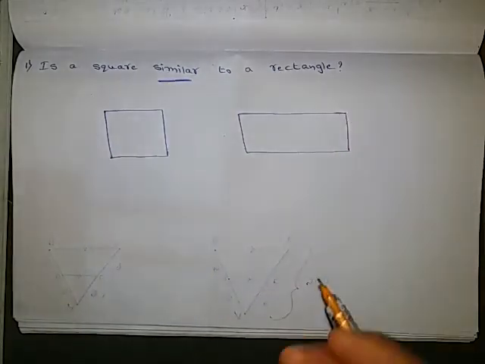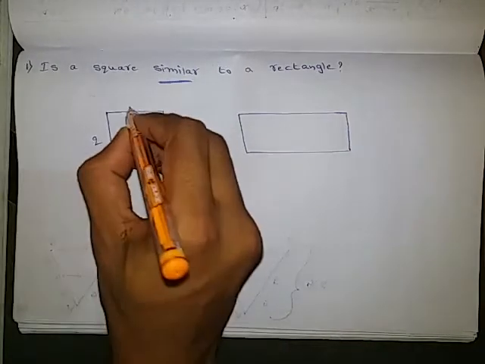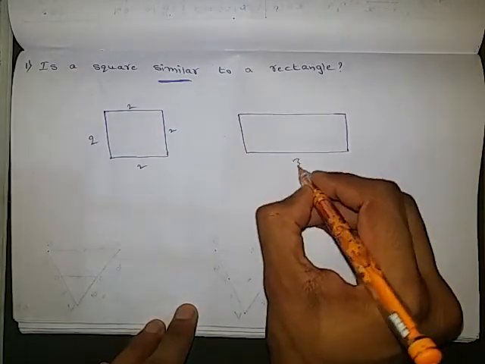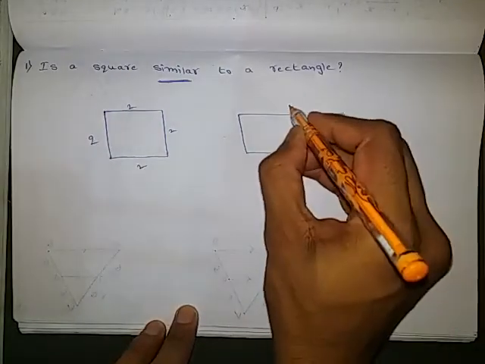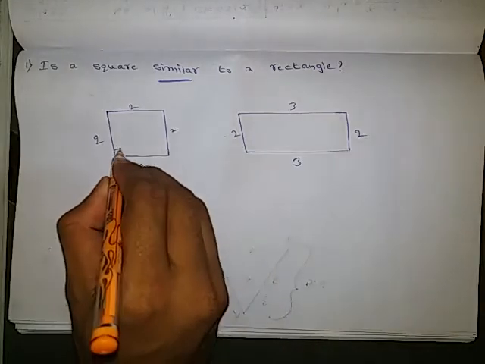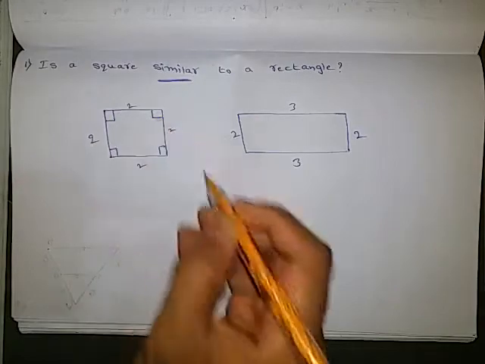Now for the easy purpose of calculation, I am taking some measurements also. Square side is 2 units and rectangle length is 3 units and breadth 2 units. So this will be 3, this will be 2. Now first let us check the corresponding angles. In square, all the angles are right angles.